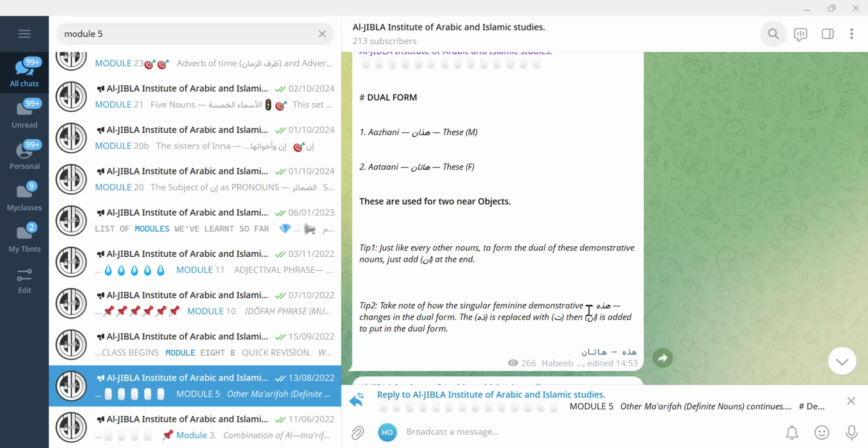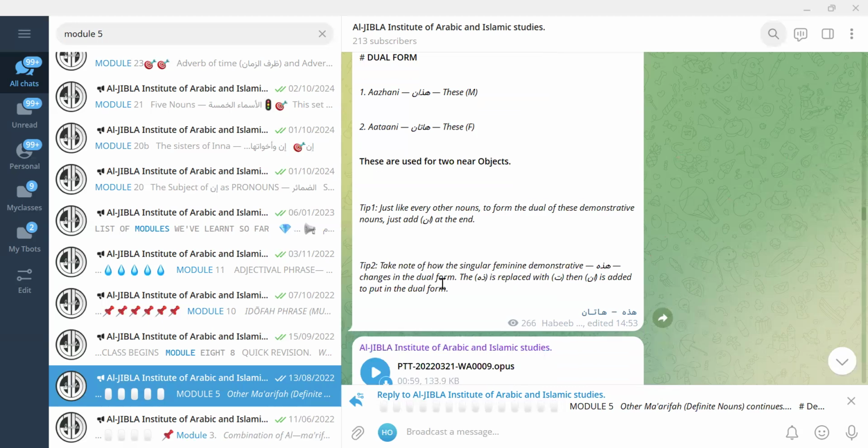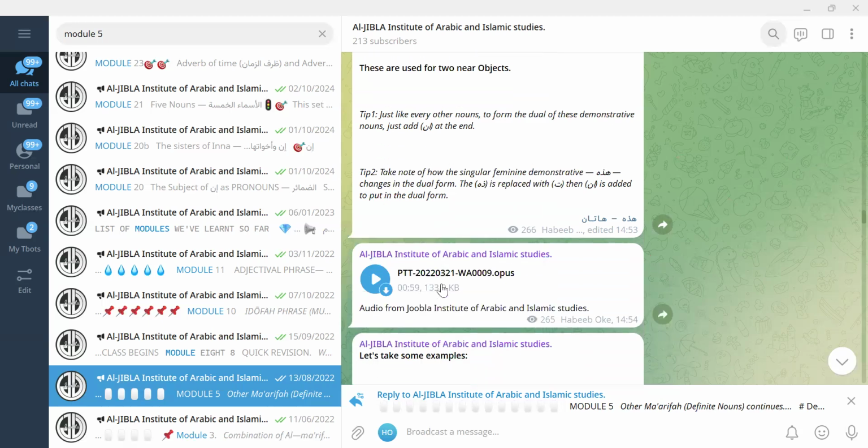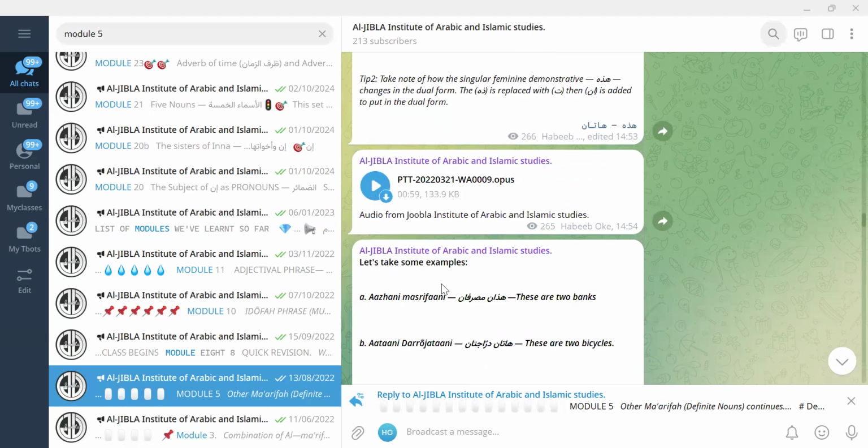So you replace the dhal and the ha with a ta, and then you add alif and noon to it. So it becomes hatan. So let's think of that. Hadhihi changes to hatan, while hadha changes to hadan. I hope you understand that.